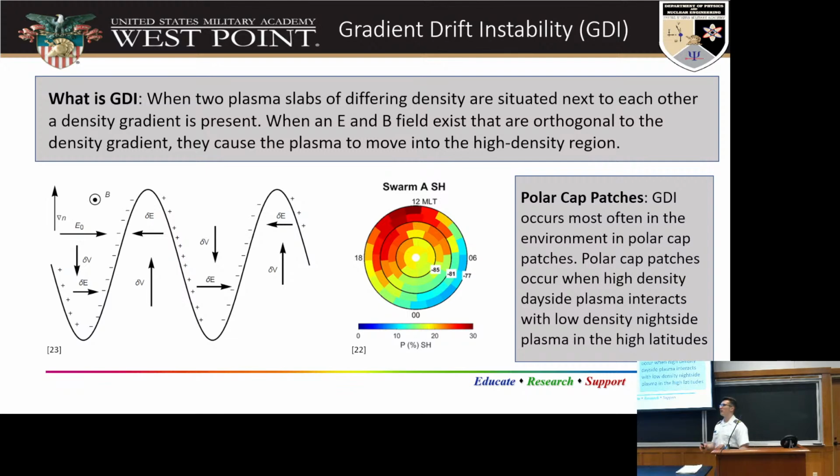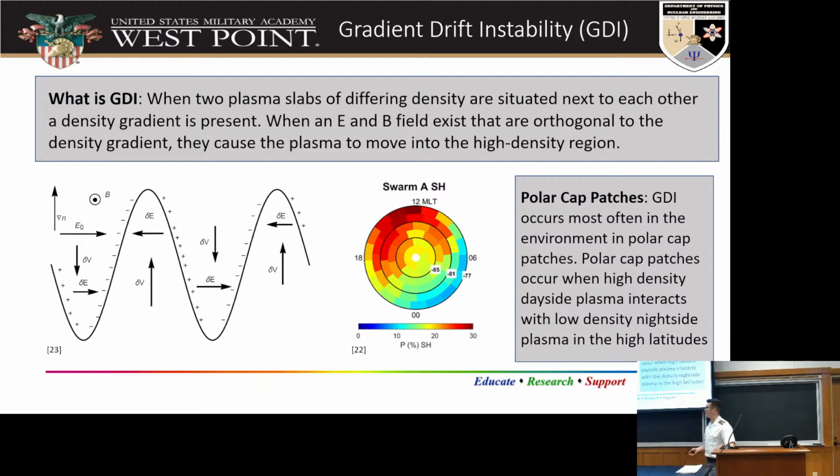So I looked for a physical system to inform my initial value problem, and I think I found polar cap patches as the most likely cause of this plasma organization. So basically, as high and low density plasma sit adjacent to one another, if there exists a favorable gradient condition, then the plasma is unstable.